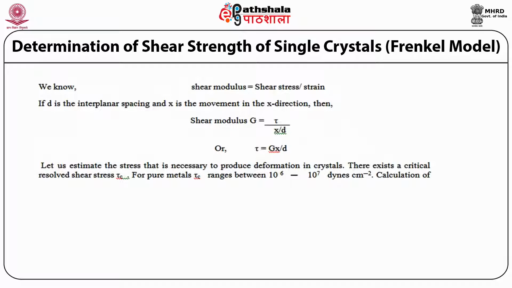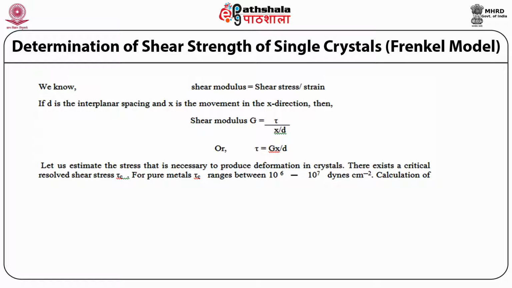We know shear modulus is equal to shear stress by strain. If small d is the interplanar spacing and x is the movement in the x direction, then shear modulus G is equal to tau upon x by d, or we can say tau is equal to Gx upon d.